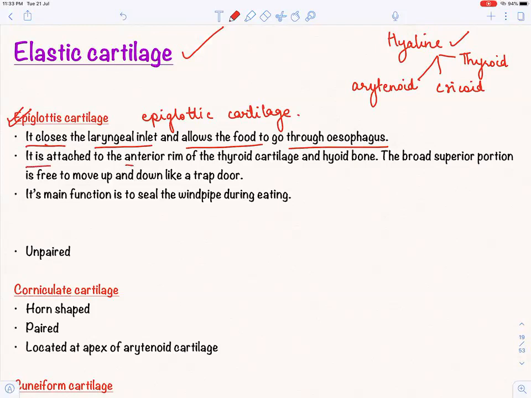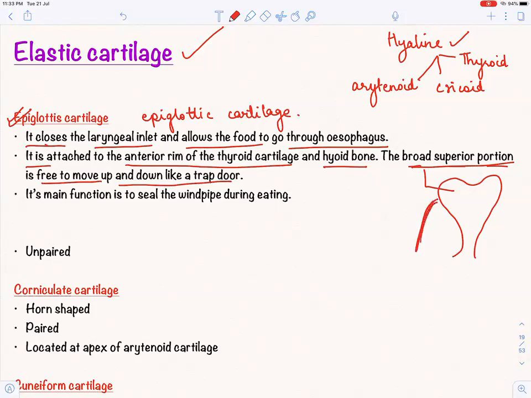It is attached to the anterior rim of thyroid cartilage and hyoid bone. The broad superior portion is free to move up and down like a trap door. Its main function is to seal the windpipe during eating, and it is unpaired.